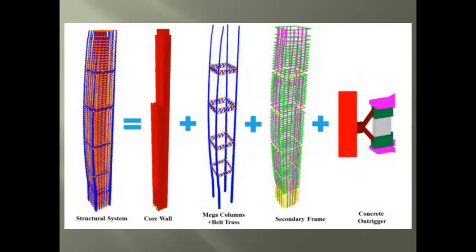So it's not economically efficient to use only core walls for tall buildings. It is used only in a sufficient volume, dimensions, size, and so on. So just only in the central part.